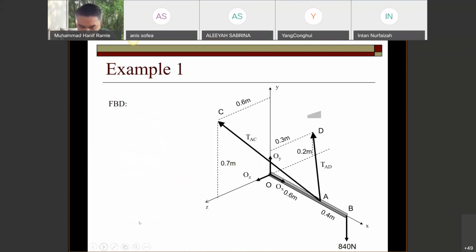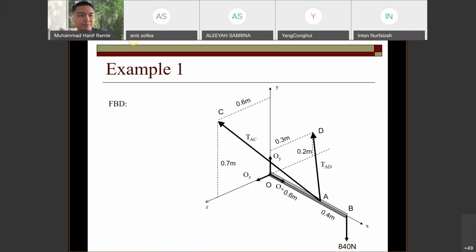So this is your FBD, including all forces, all the reactions, and also the dimension, including the axis X, Y, and Z. So in examination, in test, in any assessment, assignment, or so on, you have to draw the FBD like this. Okay, once you have this FBD, what is the next step?